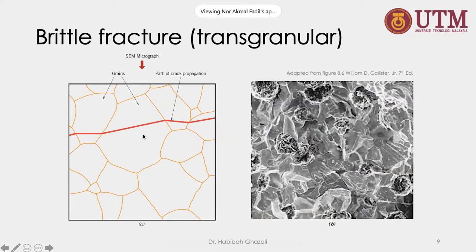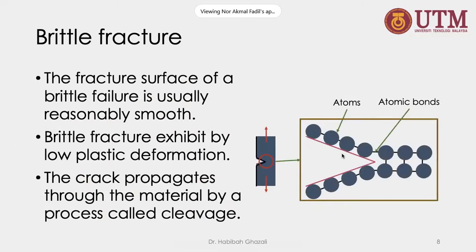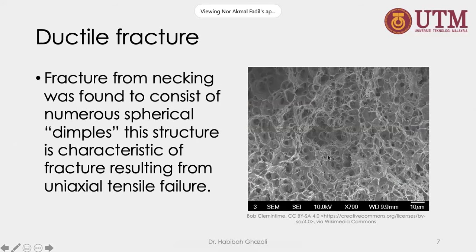So meaning that it's cutting the grain. Okay, that's the reason you see a very smooth surface, bright under the visible light. By naked eye, you can see a very bright surface or smooth surface. Licin je permukaan dia. Dia tak menggerutu. Alright, unlike the ductile.